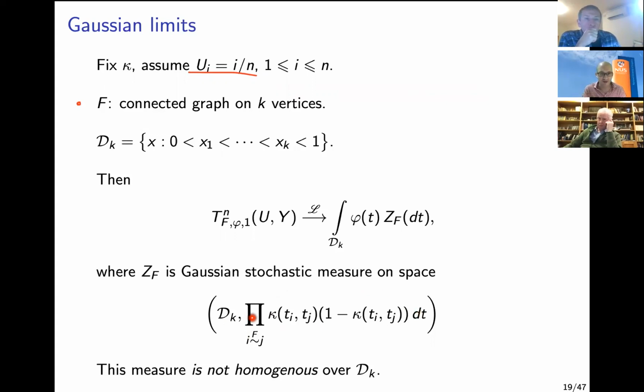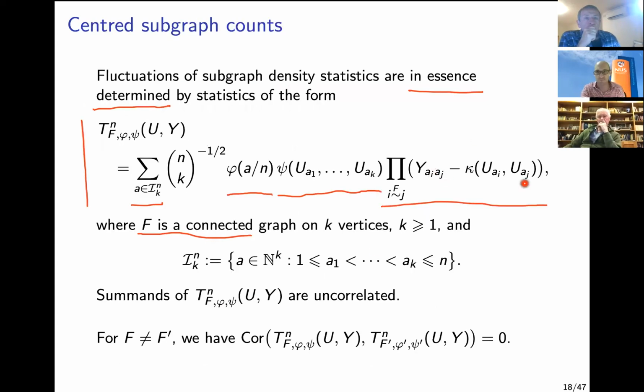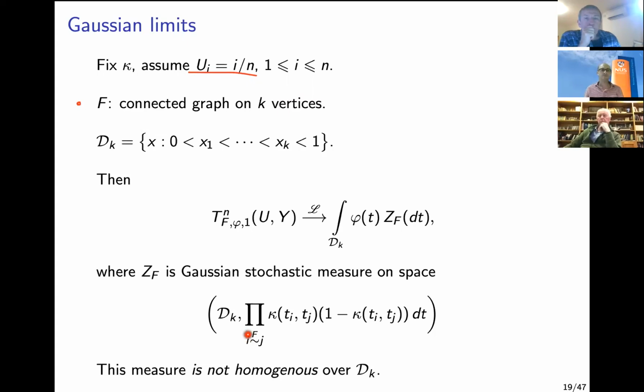That's just the conditional variance, or just the variance of this product here, given these values. And you can see the measure here is not homogeneous over D_K, and there's no reason why it should be, because this is not a vertex exchangeable graph, and so the vertices are not IID. Therefore we're not expecting a homogeneous white noise field, in the sense that these infinitesimal variances change across the field.